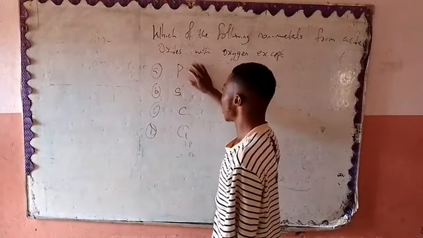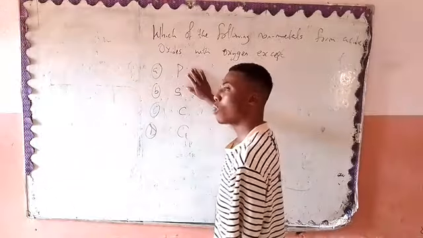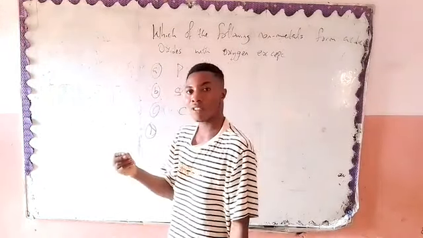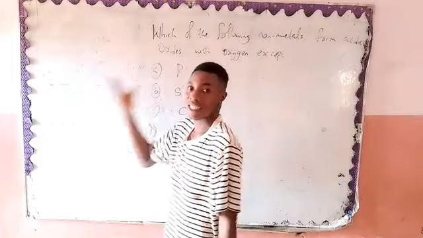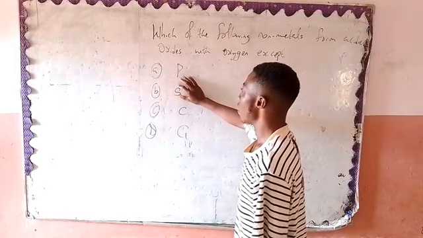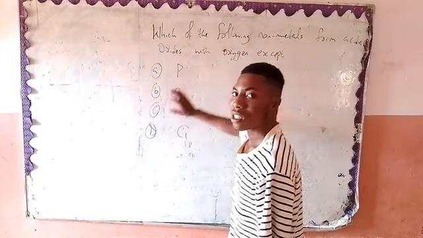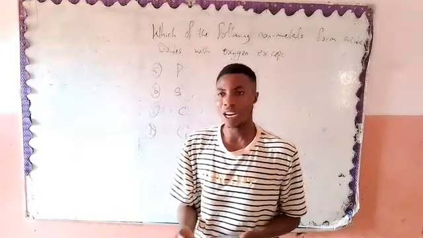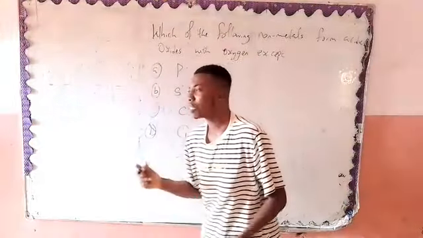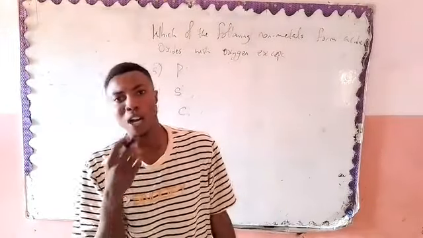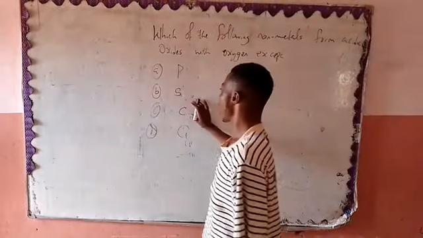Now, if you look at phosphorus, most oxides of phosphorus, like phosphorus 3 and phosphorus 5, all of them are acidic in nature. Then we have sulfur, sulfur 3 and sulfur 6, also acidic in nature. We also have carbon, with carbon 2 and carbon 4.